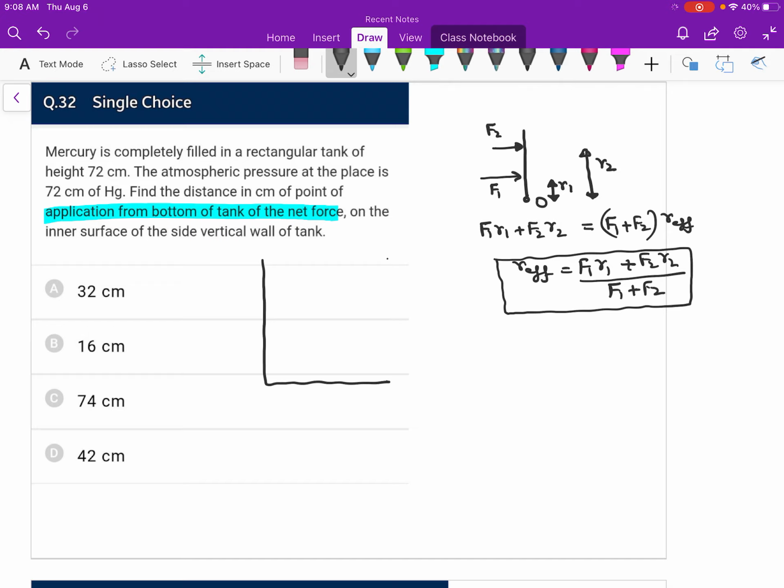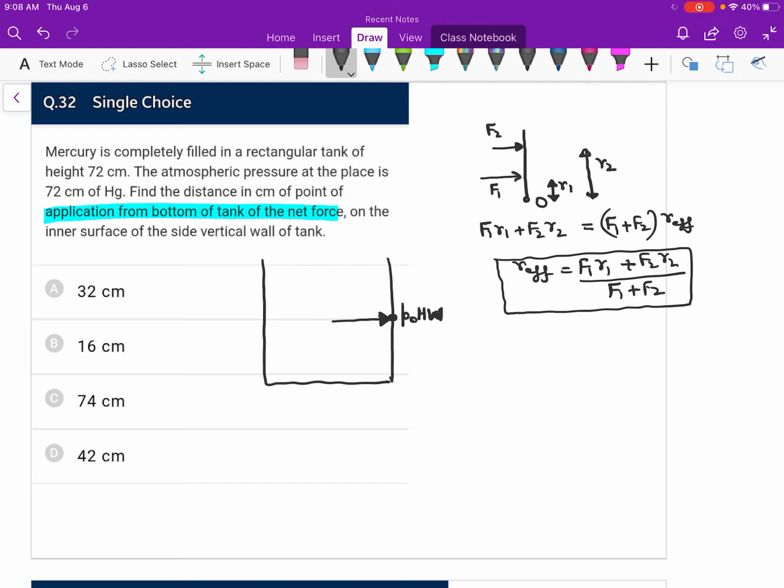All right. Now, due to atmospheric pressure, force is distributed uniformly over the vertical wall. So atmospheric pressure acts at the center. How much? Rho gh. This is pressure into area, so let us take atmospheric pressure P naught into HW.